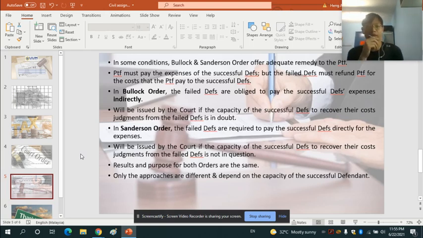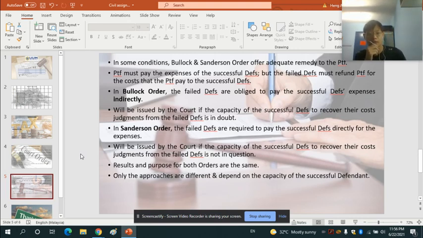Let me explain the difference between the two orders. In a Bullock order, the failed defendants are obliged to pay the successful defendants' expenses indirectly. This order will only be issued by the court if the capacity of the successful defendants to recover their costs judgment from the failed defendants is in doubt.